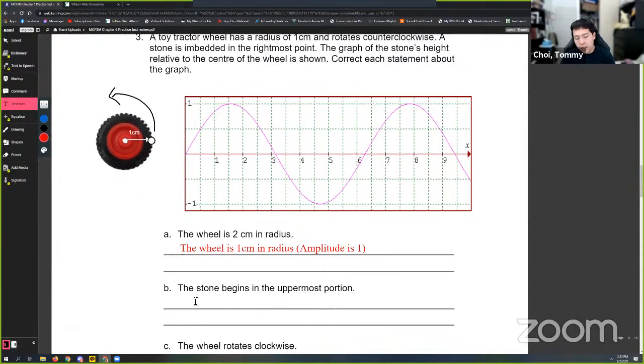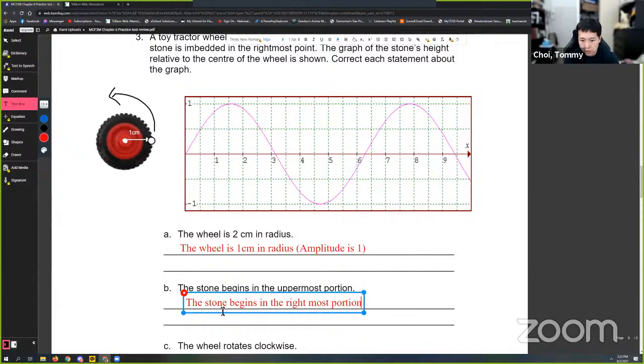The stone begins in the uppermost position. That's not true. We know in the statement, the stone begins in the rightmost position. Okay? And if it started in the uppermost position, it should start at 1.